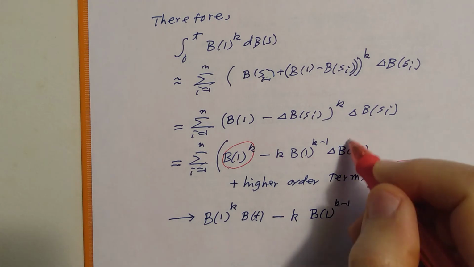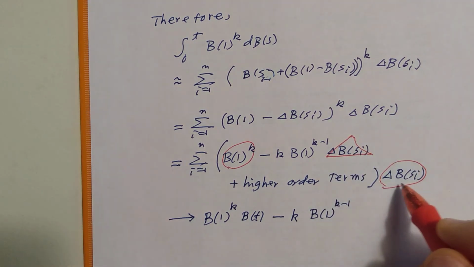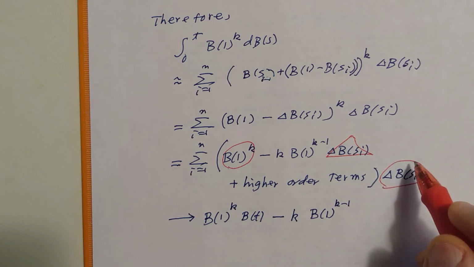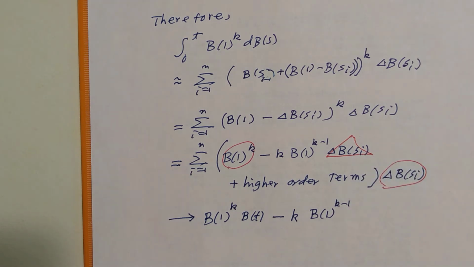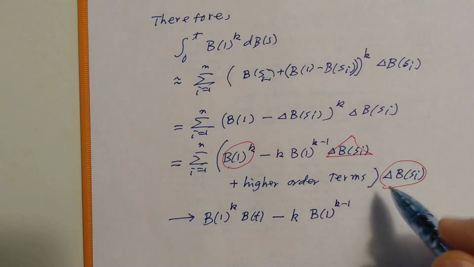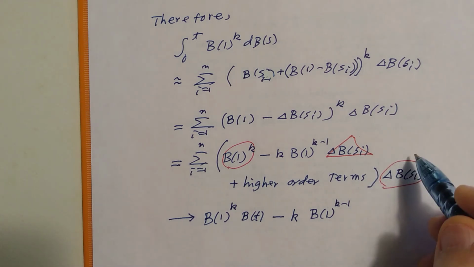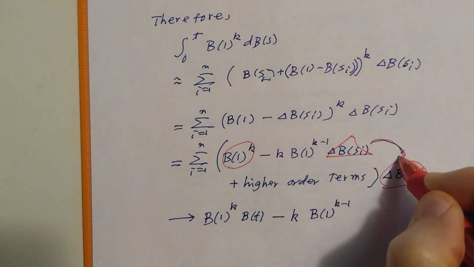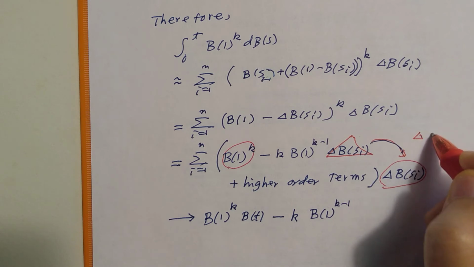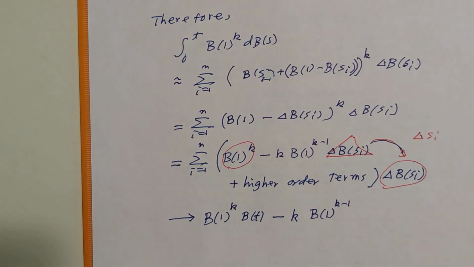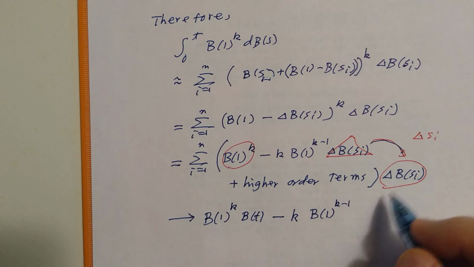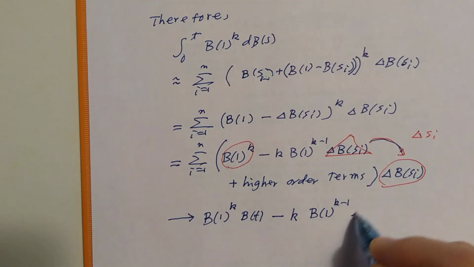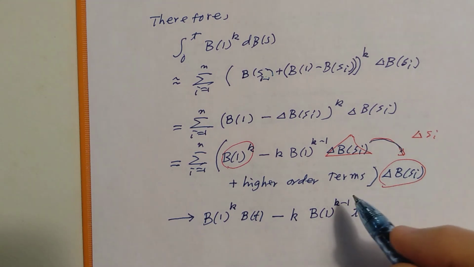And now look, this is the Brownian motion increment times the Brownian motion increment, which becomes the Brownian motion increment squared. And by the quadratic variation it equals the time increment, namely this times this becomes delta s_i, and so the sum is t on the interval 0 to t.